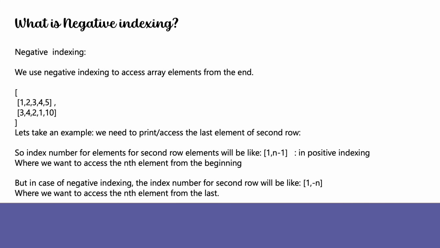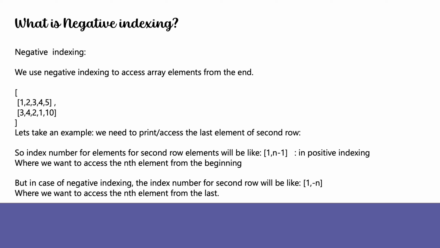So first of all, what is negative indexing? In negative indexing, we use negative indexes to access array elements from the end. Let's take an example that we need to print or access the last element of the second row in the given array.